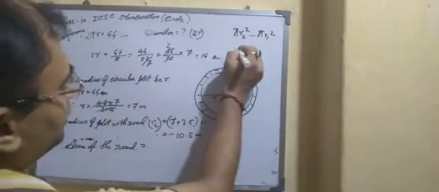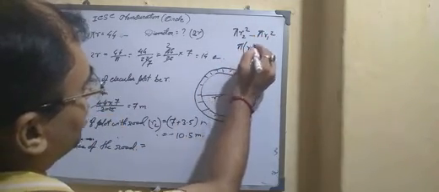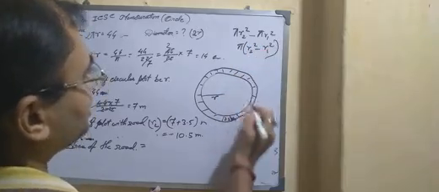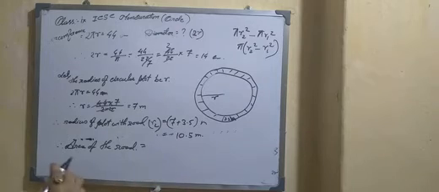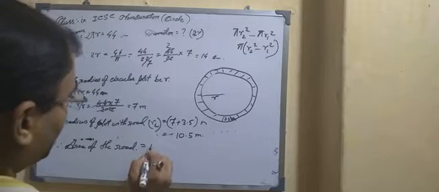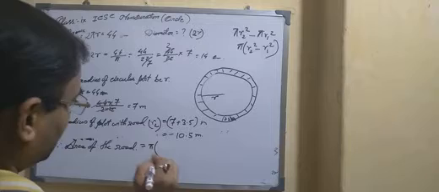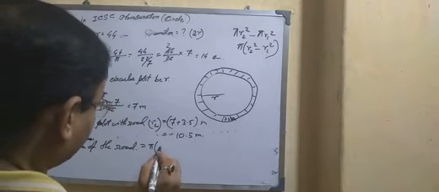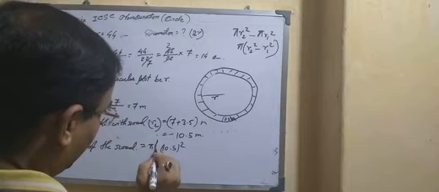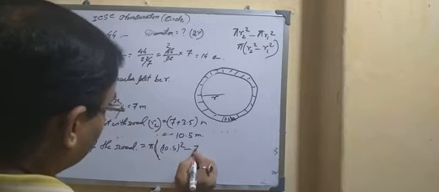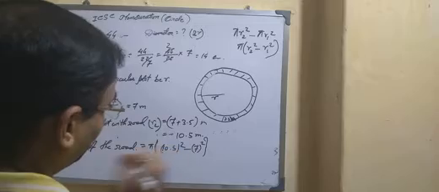Okay, so if we take a common pi here, that means pi into R2 square minus R1 square. Okay, so we just directly use this formula here. Area of the road equal to pi into 10.5 whole square minus 7 whole square.